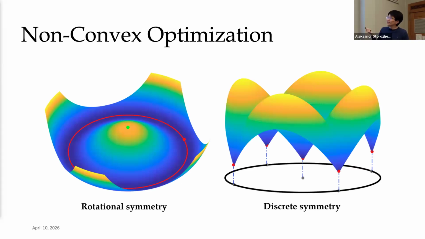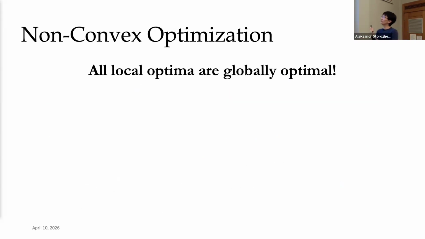Here's some figure. Usually it's due to some kind of rotational symmetry or discrete symmetry, so that even though your function is non-convex, as long as you run some kind of standard optimization method, when you stop, you will be in a very good solution.